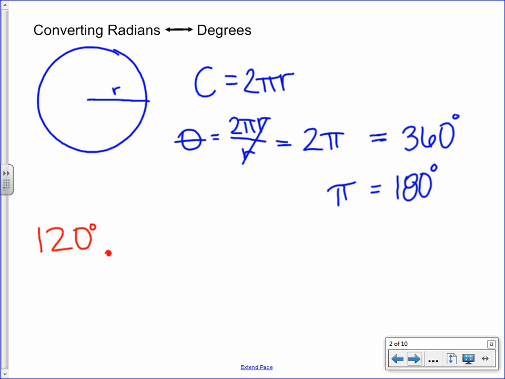I want degrees to cancel out. I know that pi radians is the same thing as 180 degrees. If we multiply by pi over 180, then our degrees cancel out, and we're left with radians.